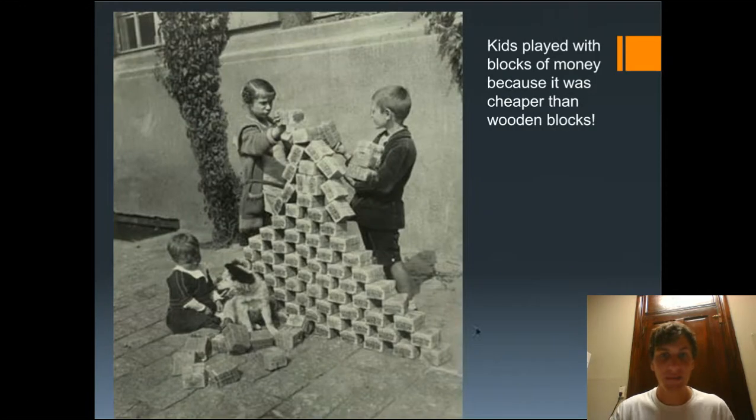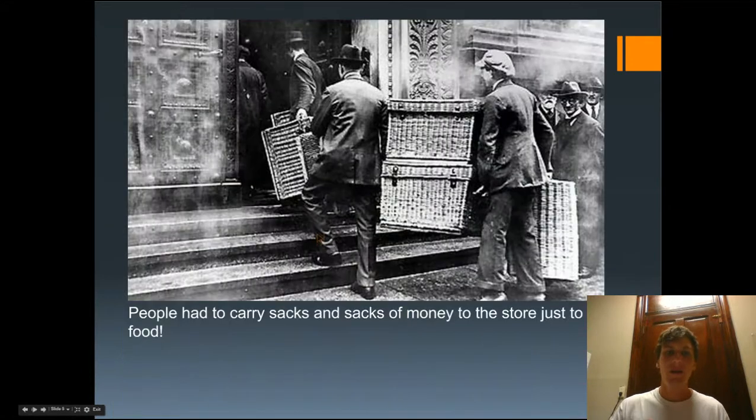So check this out. Kids would play in the streets. This is like the street in front of a house with blocks of money. These are bills wrapped up together because it was cheaper than buying wooden blocks. Ridiculous. These guys are going into the bank or going into the supermarket. It would take one of these giant baskets full of money just to buy some food.